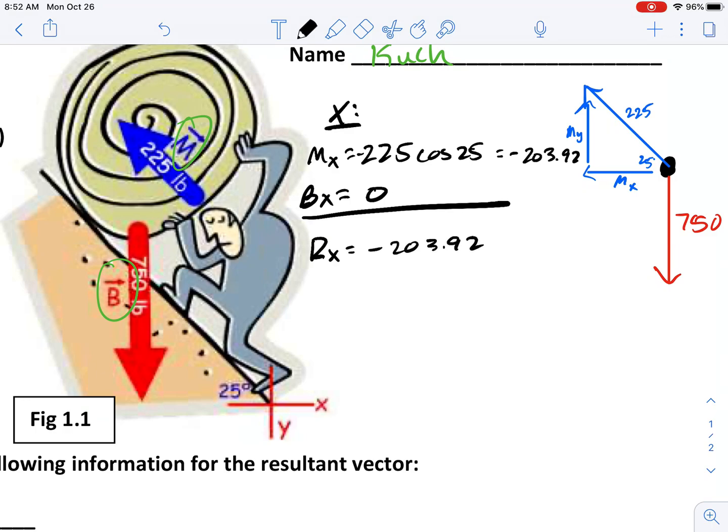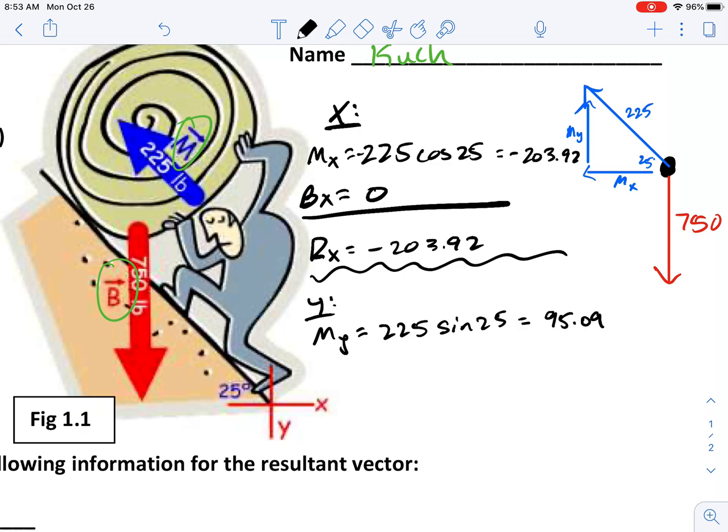And then now let's go ahead and do our y values. So our y components, we have my, which is going to be 225 times the sine of 25. And that is going to get us 95.09. And that's going up. Of course, the x is negative, which tells us it's going left.